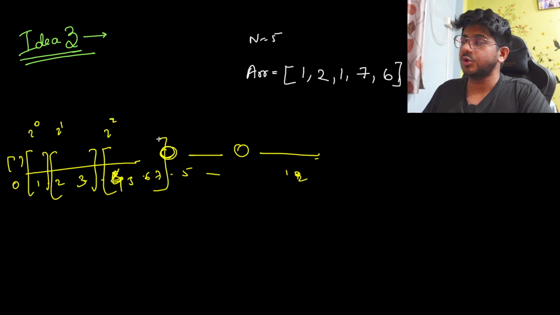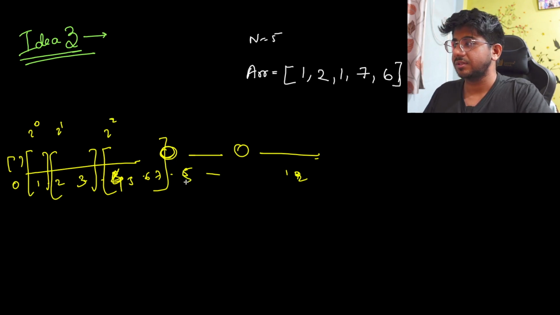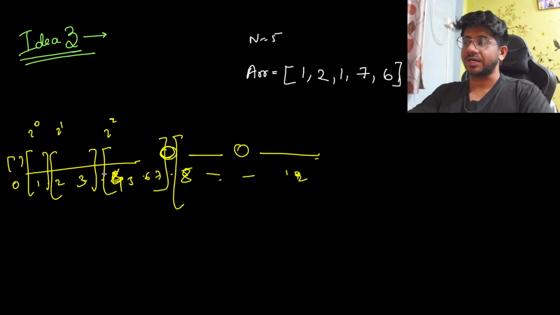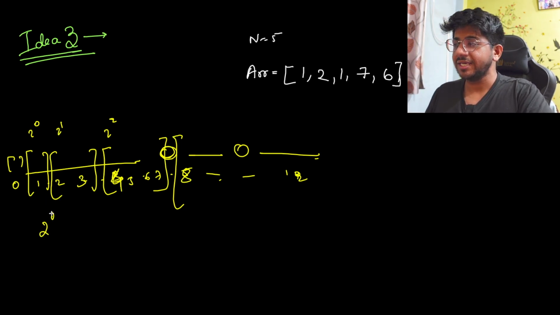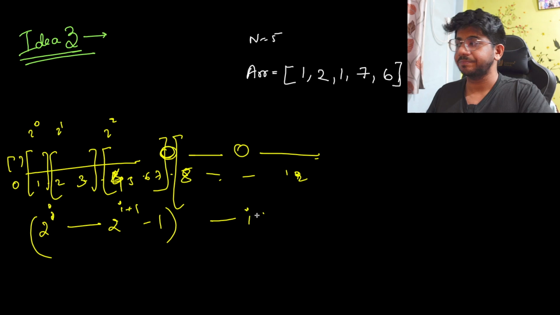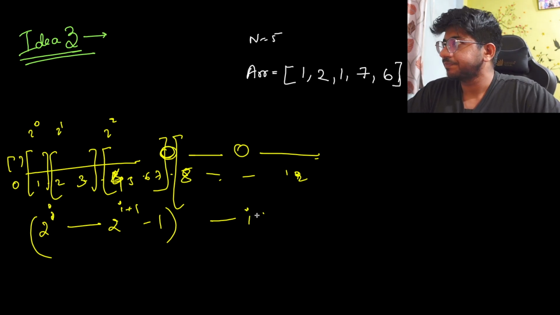This is 2 to the power 2 till 2 to the power 3 minus 1. Then 8 goes beyond, right? So I can create these buckets over here, no? 2 to the power i to 2 to the power i plus 1 minus 1. This is the ith bucket.